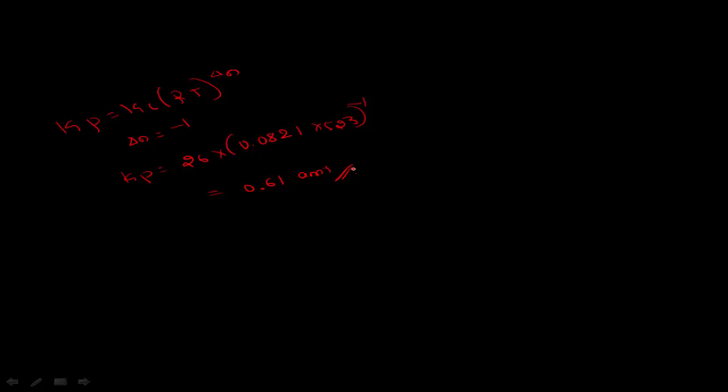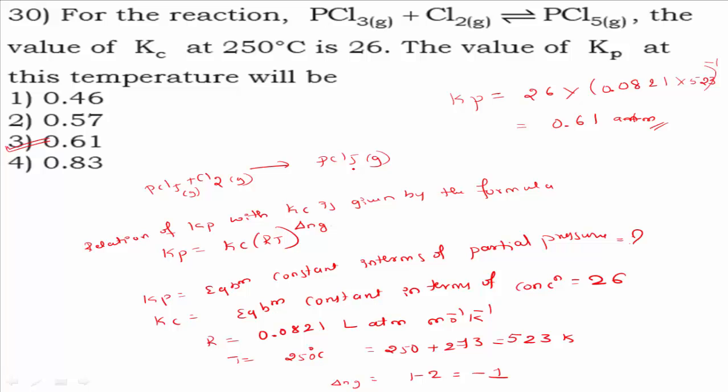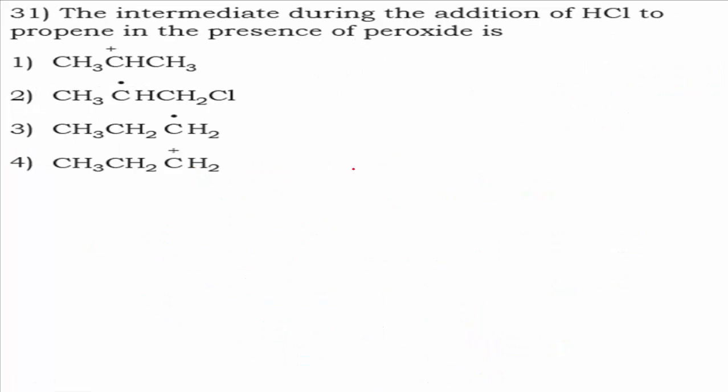Next, question number 31. The intermediate during the addition of HCl to propene in presence of peroxide is?